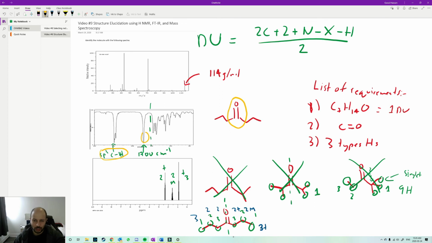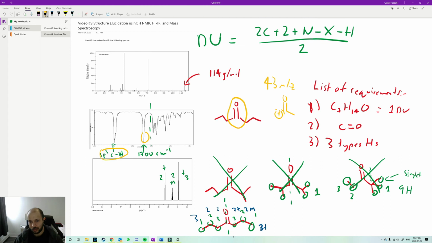Okay, let me go back to the mass spec. I have 114 grams per mole. The molecular weight of this compound is 114 grams per mole. Let me see the base peak. That's always of interest, right? The base peak is 43. If I looked at this 43 before I looked at any of the IRs or the NMRs, my first instinct would have been, okay, I got an acylium ion, right?